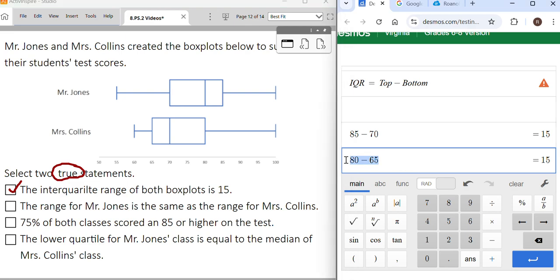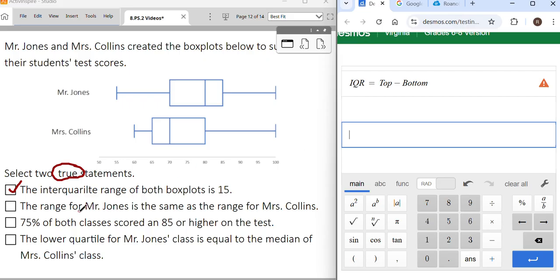Now, let's check some other things and see how they work out. It says the range for Mr. Jones is the same as the range for Mrs. Collins. Well, the range would be upper extreme minus lower extreme. So they both start at 100. So let's go ahead and put both the upper extremes in there. Now we're going to have to subtract the lower extremes.